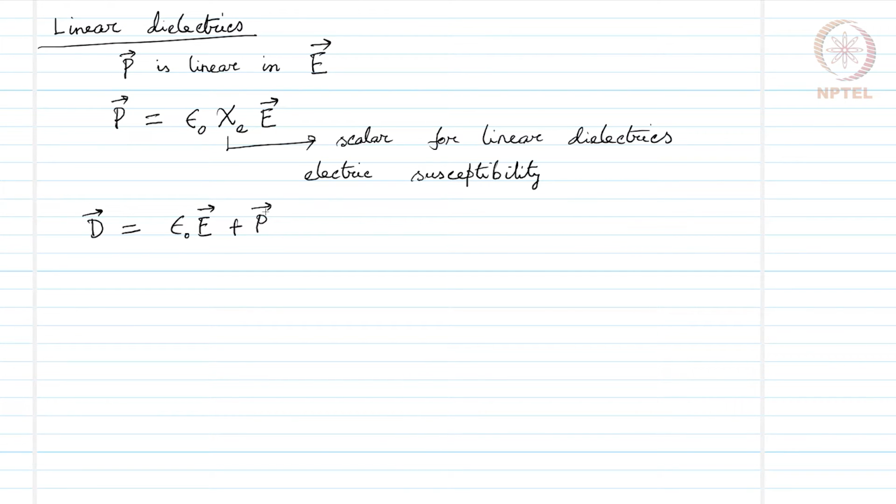Now, we can put this expression for the polarization vector for linear dielectrics, and we will get the displacement vector equals epsilon naught E plus epsilon naught chi E times the electric field, and that would mean this is equal to epsilon naught times 1 plus chi E times the electric field.